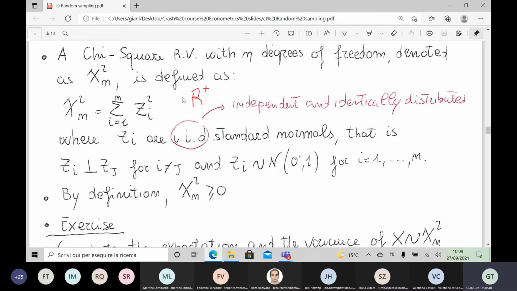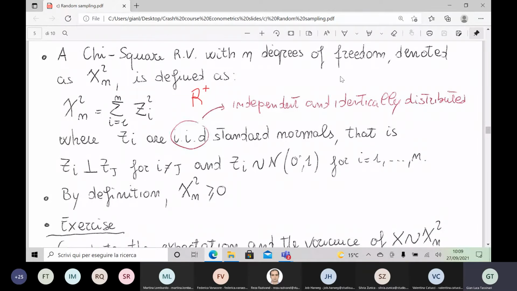So for this reason, R plus here, I probably added it when I explained last year, means that the possible values that a chi-square can assume are values on the positive semi-axis.